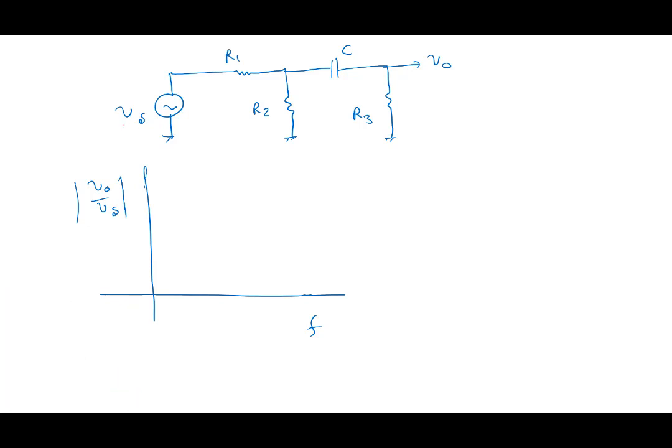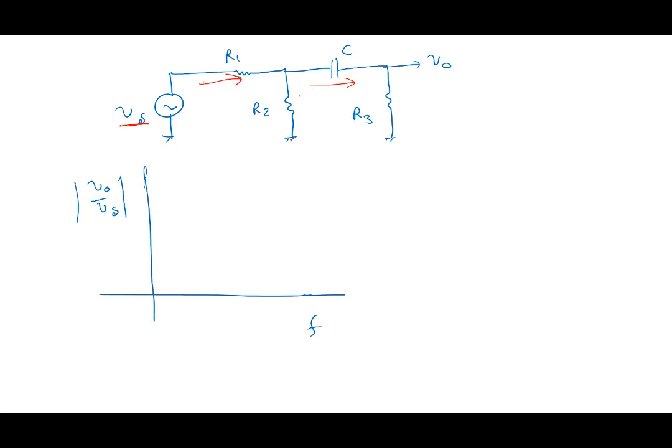Vs starts from here, travels here, something will get dropped here, then tries to go through this. Now, if frequency is low, what would the capacitor tend to do? If frequency is very low, the capacitor will just tend to block it.